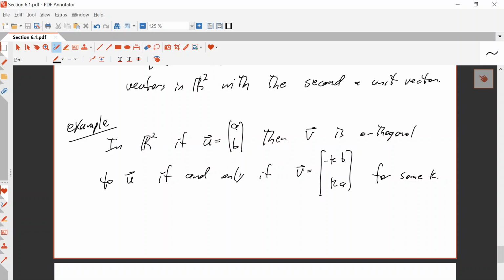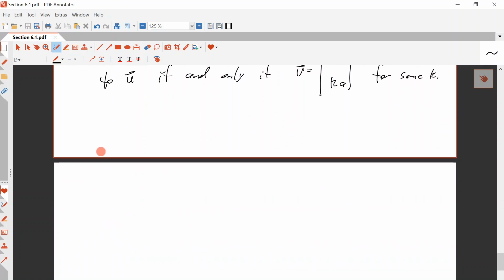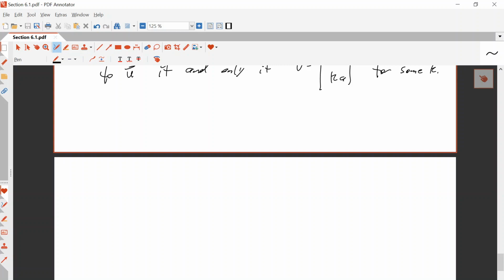Final topic here, section 6.1: orthogonal complements.